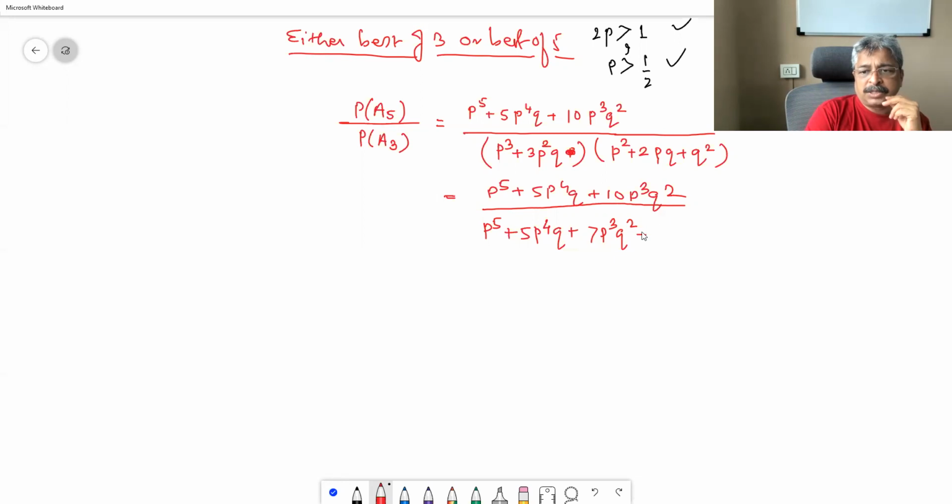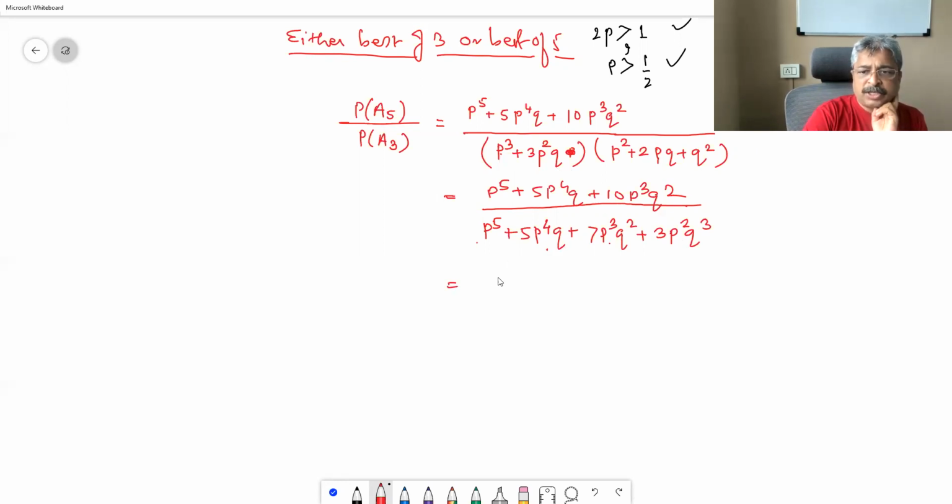Okay, plus 3P square Q cube, and that's all. That is the only term which is remaining. So is this done? Multiplication, this into this first term, then this has got two terms, 3, 4, 5 and 6, total 6 terms, correct.